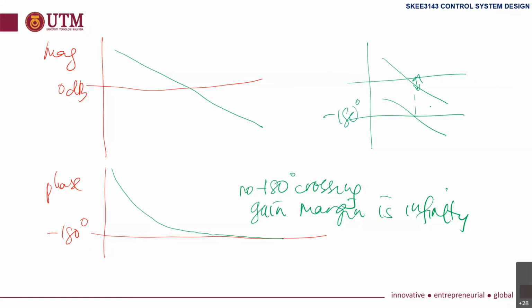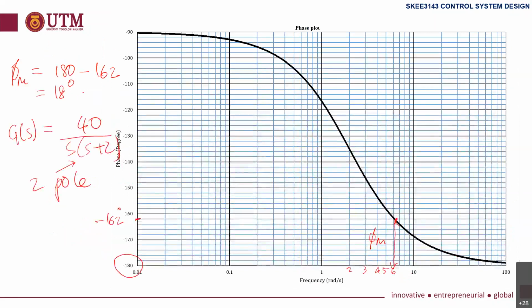But when it did not cross 180 degrees, then gain margin is infinity. Similar to this system, because the system only has 2 poles and it did not cross 180 degrees, the original gain margin is infinity.